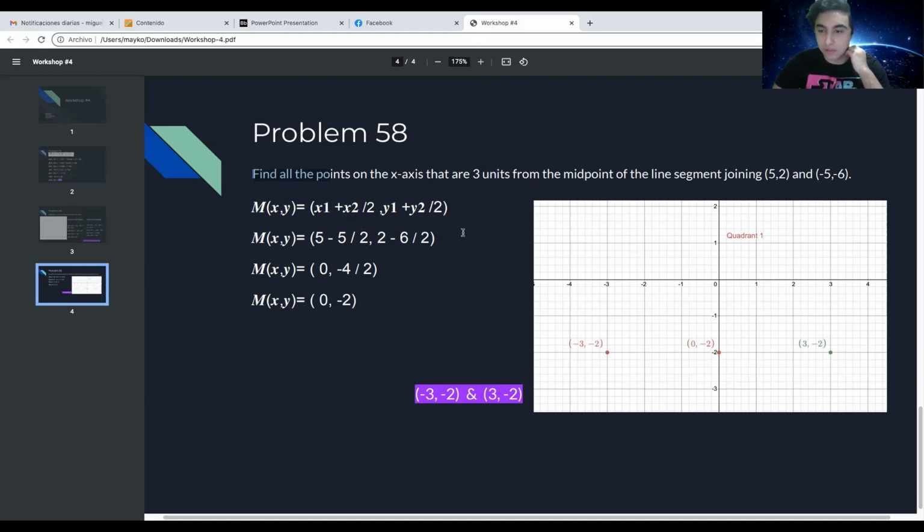This is the formula to find the midpoint. Using the formula, we got this point right over here. And so what we did was to move the other 2 points 3 units to the left and 3 units to the right. So we got the 3 units from the midpoint that the problem asked for, which is -3, -2 and 3, -2.